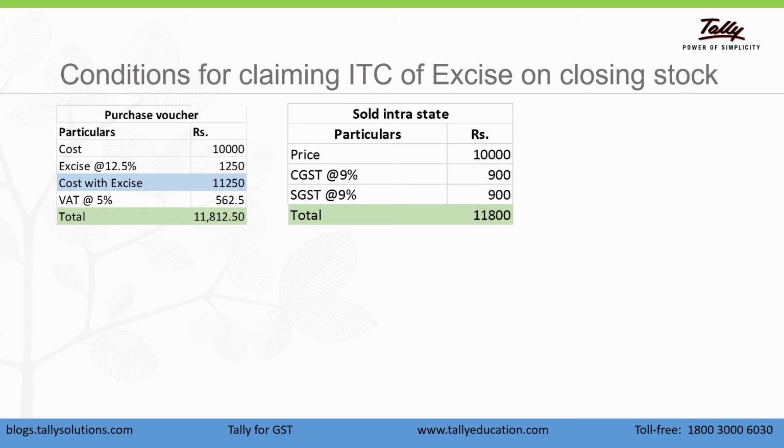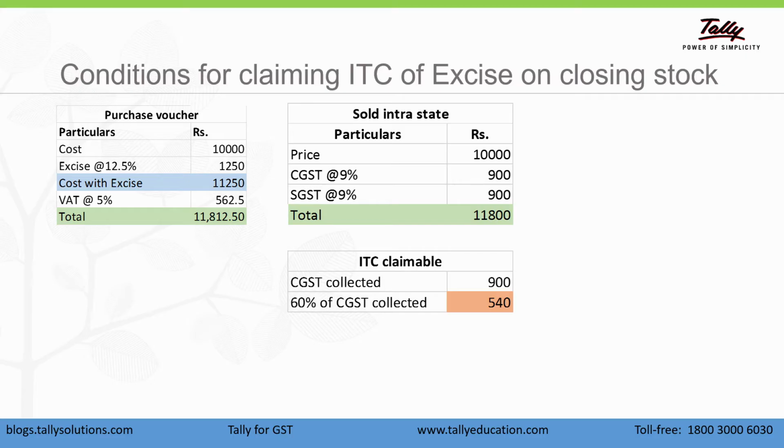Hence, the dealer can only claim 60% of the CGST collected on the supply of these goods. So CGST collected is rupees 900. 60% of the CGST collected is rupees 540. In this case, though the dealer has paid rupees 1250 as excise duty, he can only claim rupees 540 as input tax credit on the closing stock.